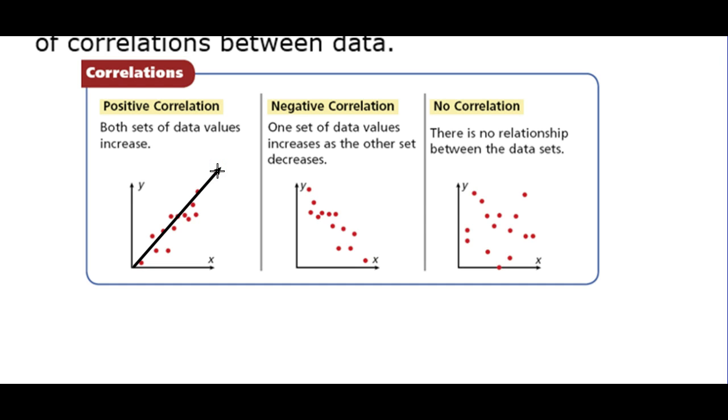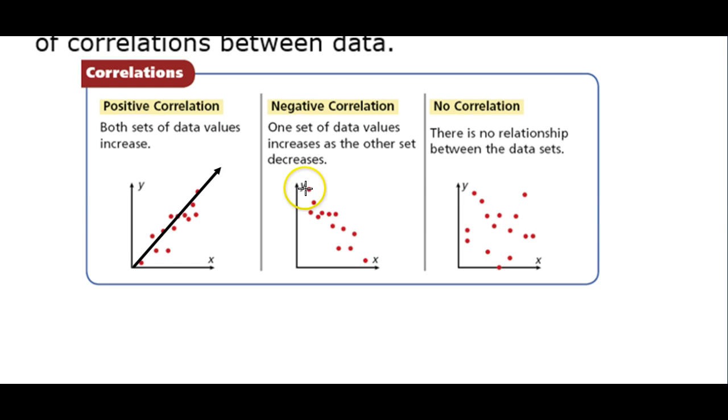I touched a couple of the dots, but there's no way I touched all of them. The general feeling is that as the x value increases, the y value increases also. That is a positive correlation, both going in the same direction.